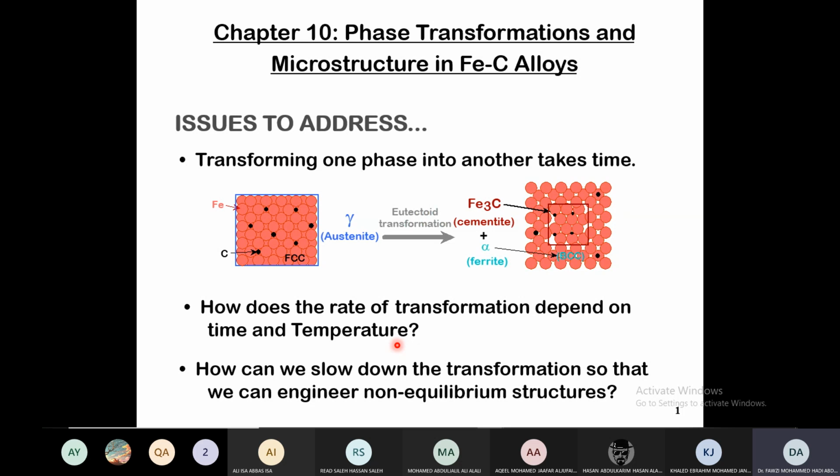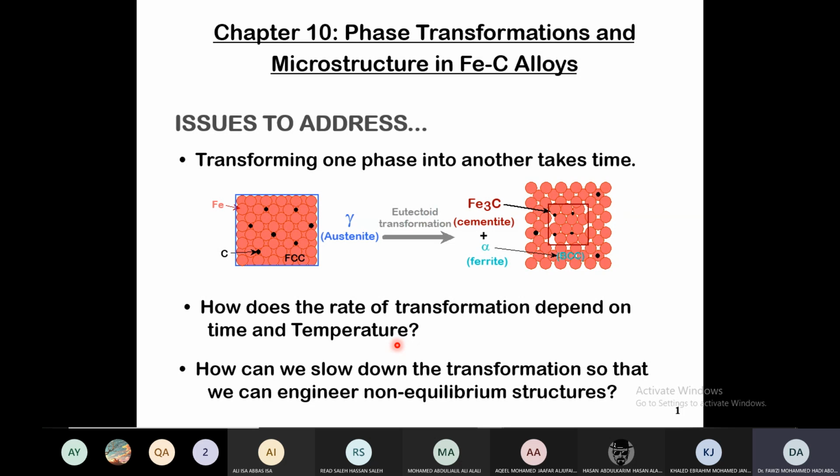But when we have non-equilibrium phases, why is it bad? Well, non-equilibrium phases are bad and we cannot use them actually in making our machine elements. Why? Because they will change in the microstructure. And if they change, this means their property will change after a while, and that is not usable in the design of any machine element.